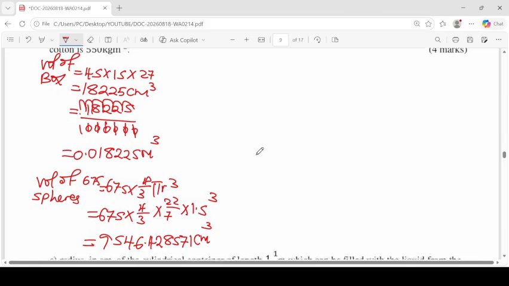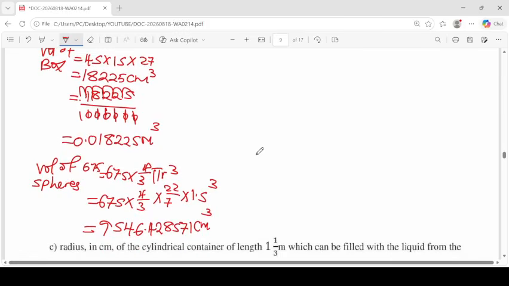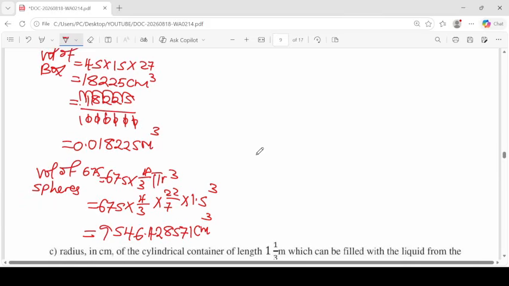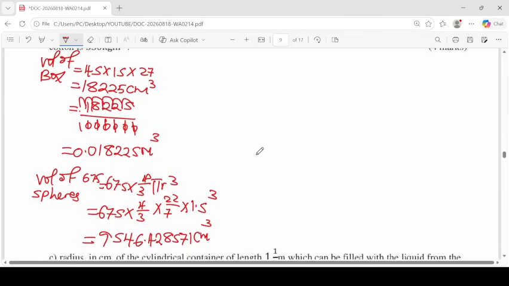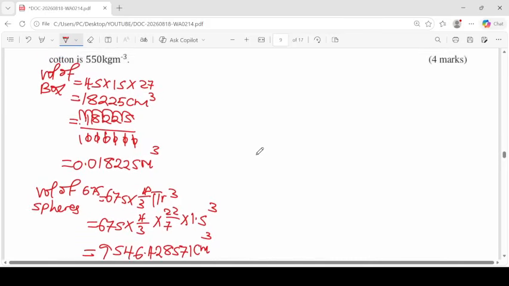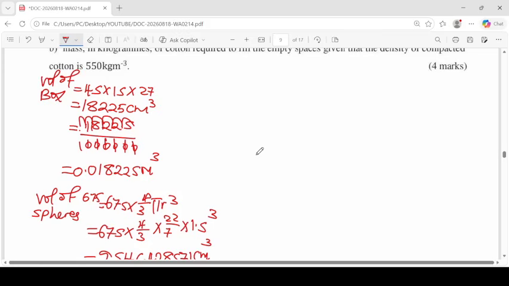So the moment I have this, we can get the difference between the two. How do we get the difference in the volumes? If this is the volume occupied by the spheres, maybe even before I convert, I can just do the subtraction. Let's get the empty volume.